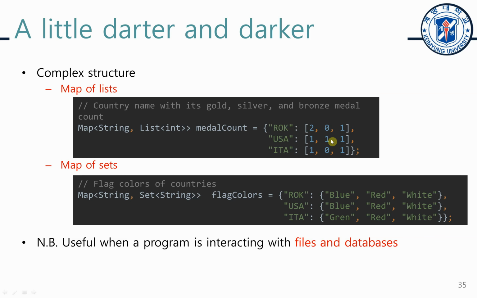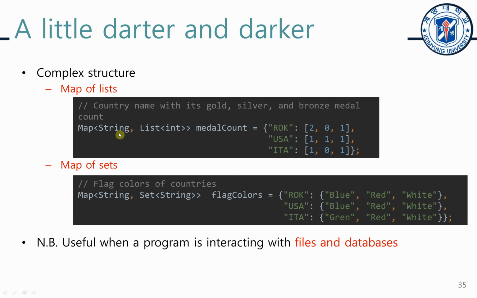Probably USA has 1 silver, and ROK or Republic of Korea has 1 bronze, whereas USA has 1 bronze and Italy also has 1 bronze. So you can see that we can use the combination of map and list to be able to have a complex structure of storing data.